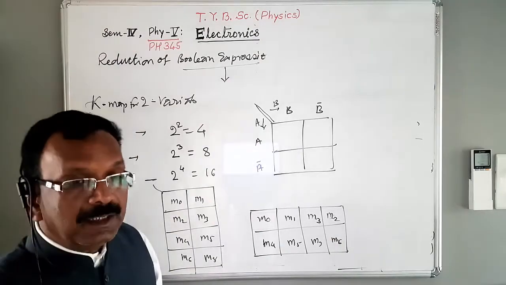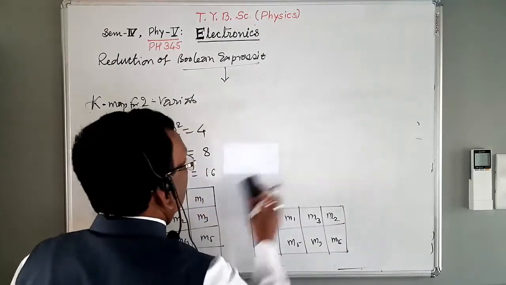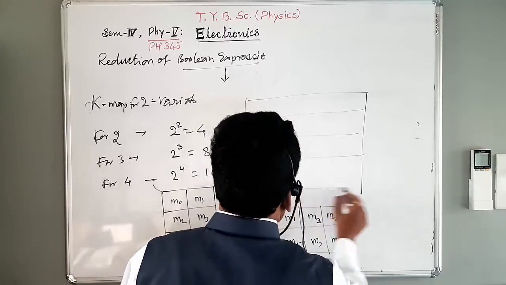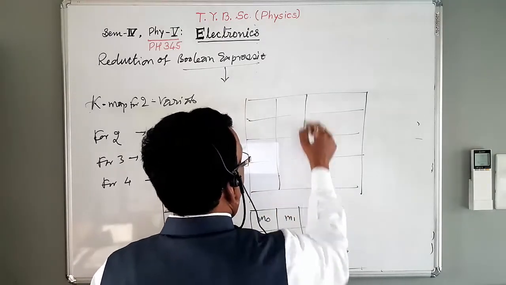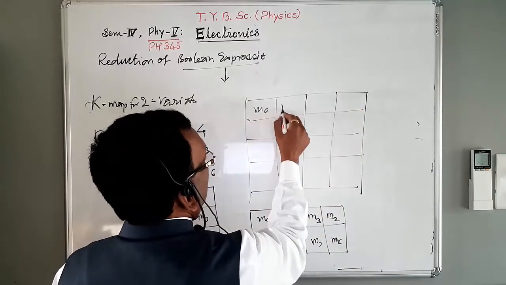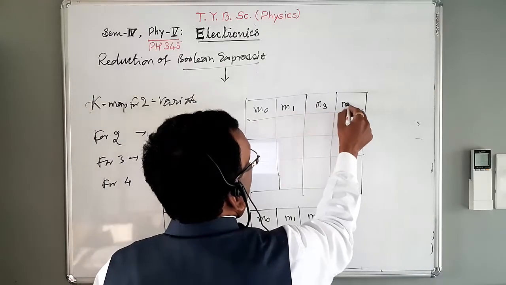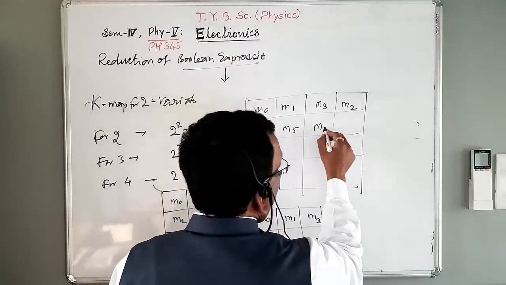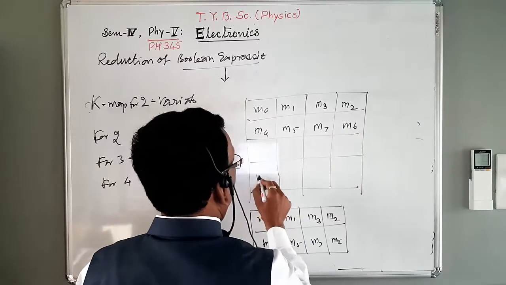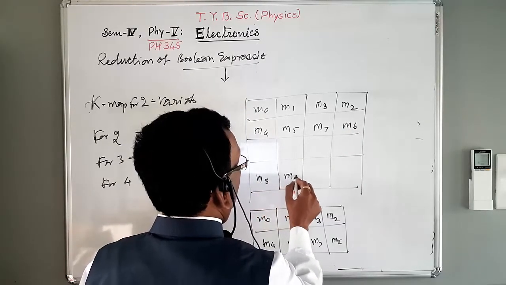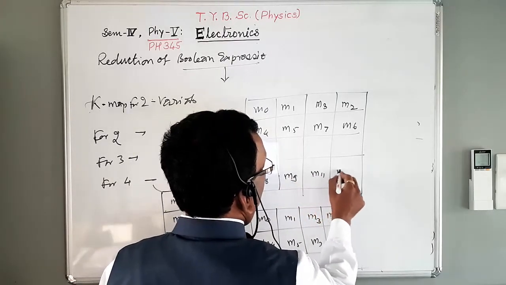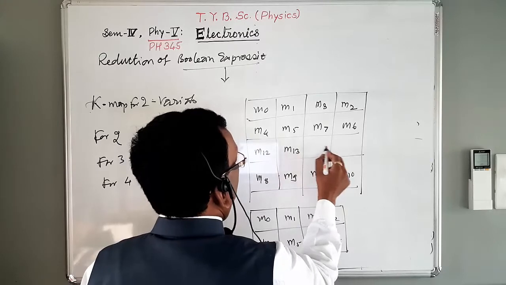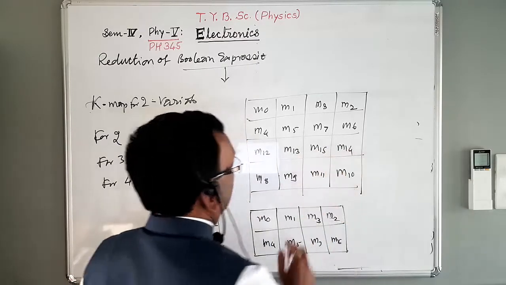In this way, when there are 4 variables, obviously there are 16 cells: M0, M1, M3, M2, M4, M5, M7, M6, then M8, M9, M11, M10, then M12, M13, M15 and M14.